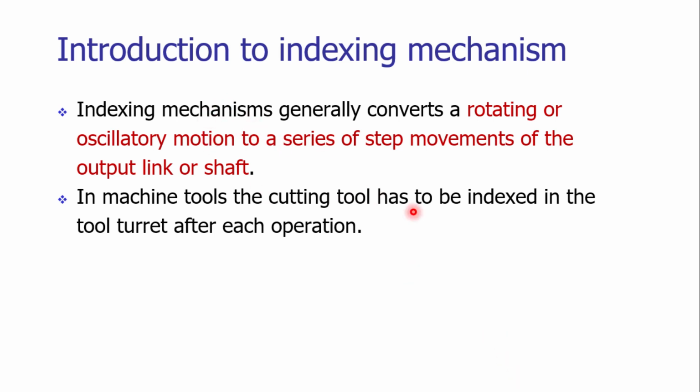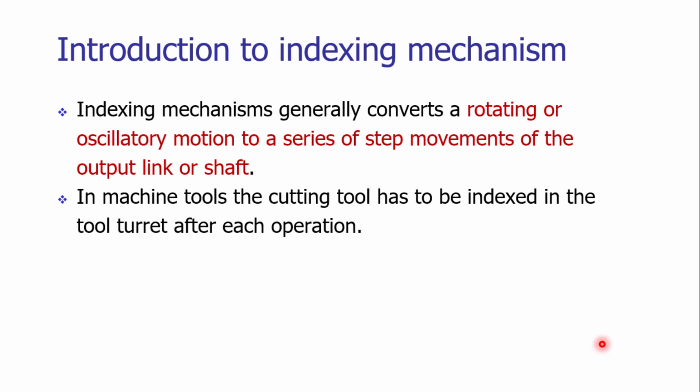Indexing mechanisms in general convert the rotary motion or oscillatory motion into a series of steps, and that stepwise motion is utilized for our intended purpose. It may be for the processing or it may be for the tool change.